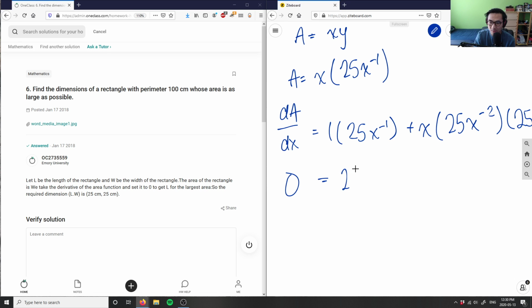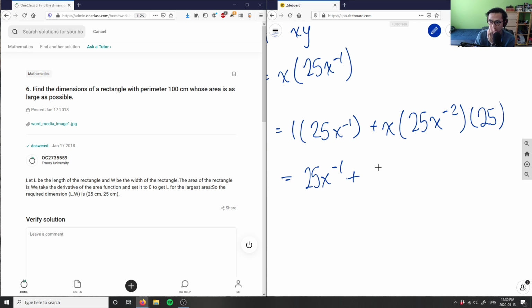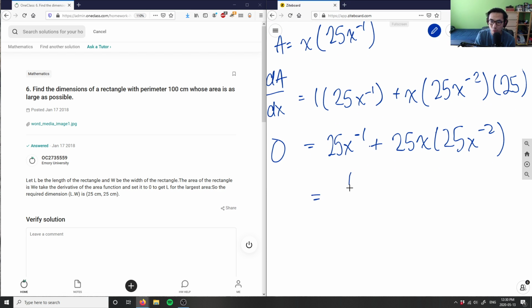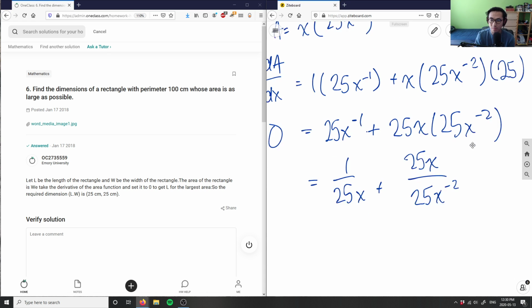I can now multiply 1 in, so I have 25 to the power of x minus 1 plus this guy here, which is 25x times 25x minus 2, and this would equal, I could rewrite this as 1 over 25x plus 25x over 25x minus 2.